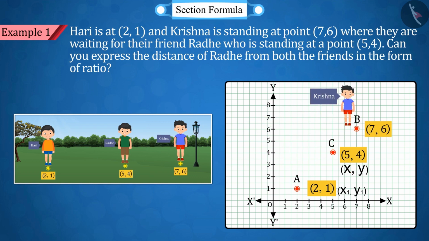And point B, that is x2 equals 7, y2 equals 6, position of Krishna. By joining these 3 points together, we get a line segment, where we have to find the value of AC ratio CB. Suppose here the ratio of AC and CB is m ratio n.